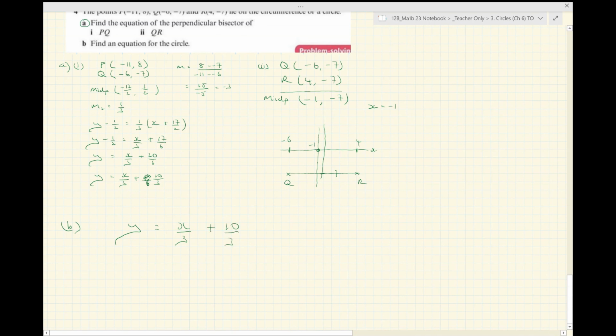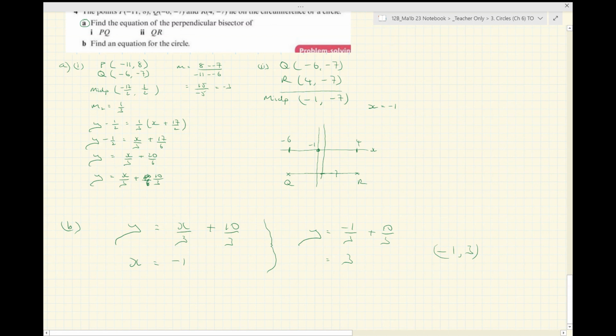One of the perpendicular bisectors has that equation, and the other perpendicular bisector has this equation. So I'm simply going to find the point that lies on both of those perpendicular bisectors, because that is the centre of the circle. So I'm going to use my x equals -1, substitute that into my top equation. That tells me that y equals 3. So the centre of my circle is at -1, 3.